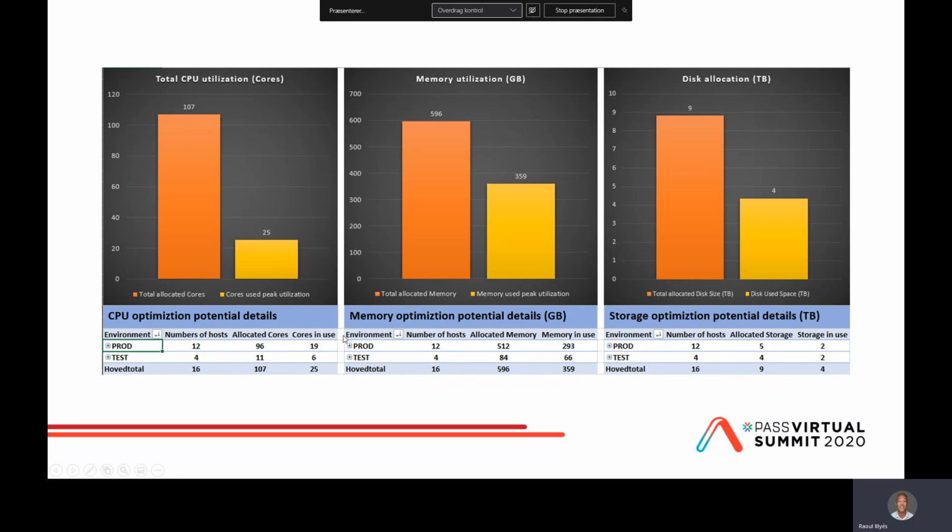That means that from a licensing perspective, there's huge potential for big savings and big gains from a client perspective. The same goes for memory utilization. It's not related to licensing, but it's very important when you do your final calculations, true for both an on-premise as well as a cloud scenario.